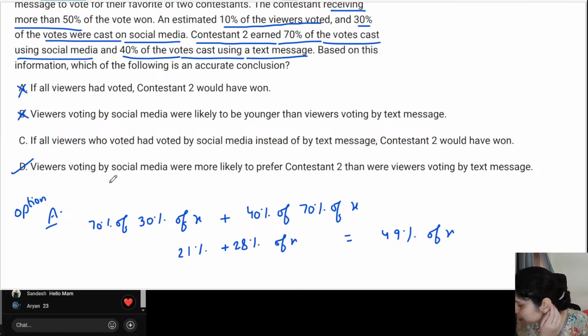Though the answer is option D, I'm also checking the other options. More likely to prefer contestant 2 on social media, because in social media, 70% prefer contestant 2. Voting by text message, 40% prefer contestant 2.